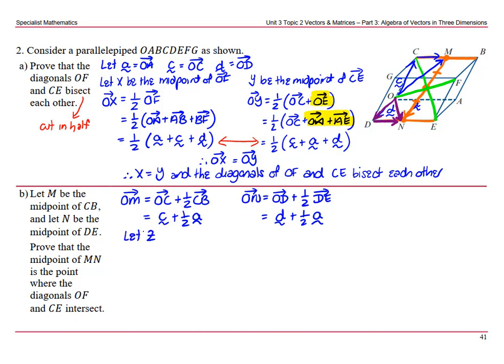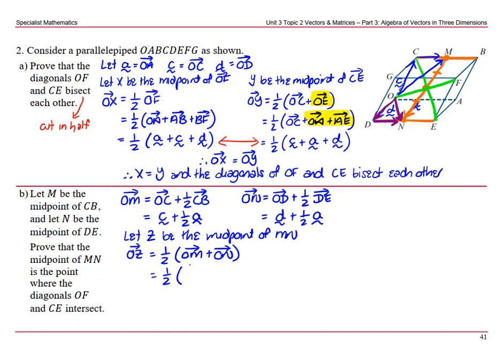Let Z be the midpoint of MN. So OZ equals a half of OM plus ON, which is a half.